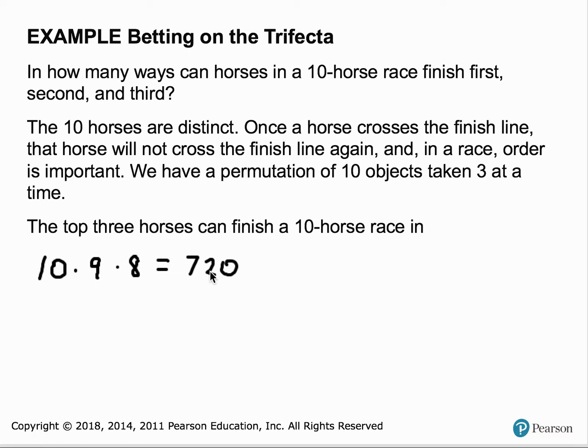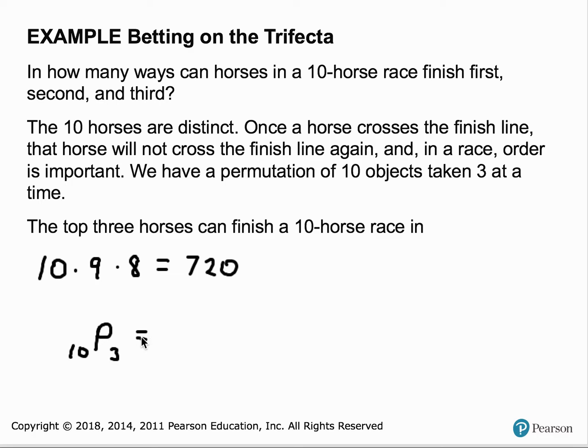Okay, but we could also say, oh, this is because there's 10 horses, and it's a permutation because the order matters, right? We're ranking them first, second, third. The order matters. That's the most key thing. And we're talking about 3 positions.